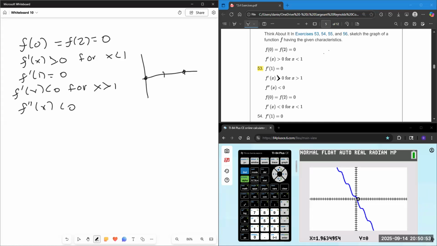I have a turning point in the graph, a local minimum or maximum at x equals 1. That's going to be a maximum because at 1, the concavity is going to be negative. So I need this to be a maximum point.